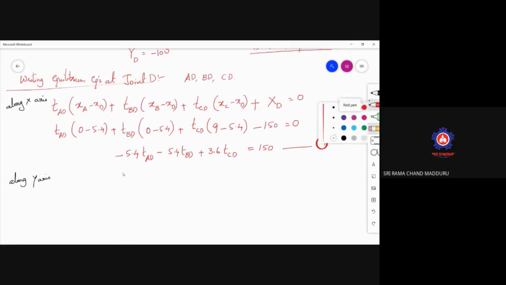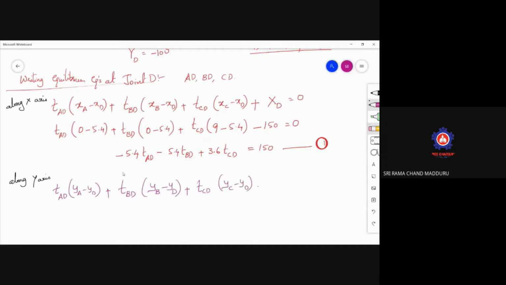Along the y-axis we write TAD into (YA minus YD), plus TBD into (YB minus YD), plus TCD into (YC minus YD), plus capital YD is equal to 0.